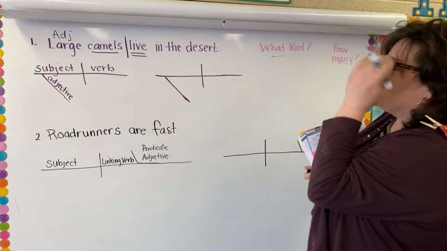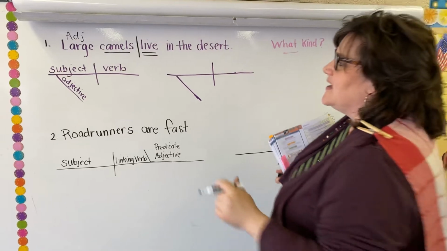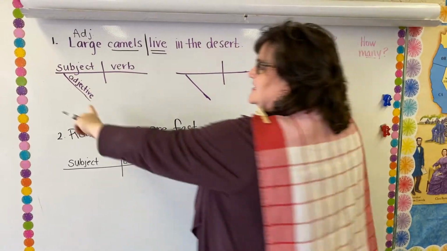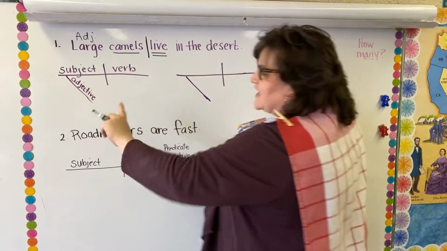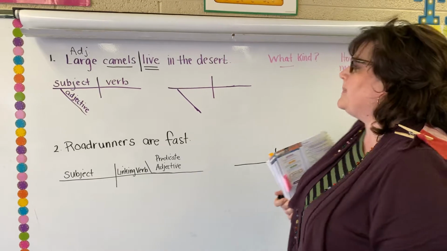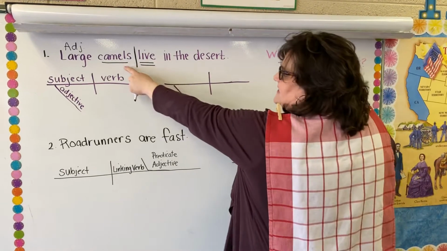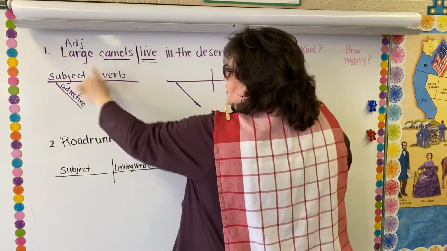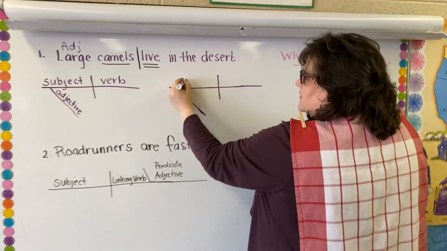So this is how we're going to diagram this sentence. We've got the subject and verb, and then off the subject is this adjective line. And an adjective is always going to be connected to what it's describing. So what is the subject in this sentence? The subject is camels. So subject goes here, so I'm going to put camels.